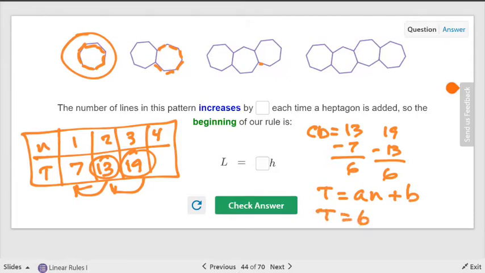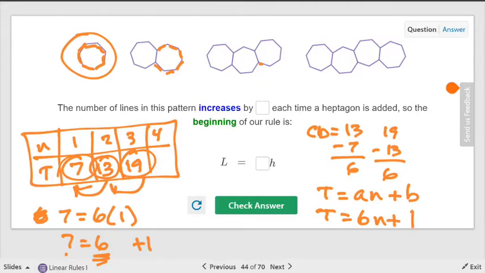T equals 6N. Now let's test our first one. So it's 7. 7 equals 6 times 1. 7 equals 6. Is that good enough? No. What do I need to add to a 6 to make 7? 1. So that's our B.